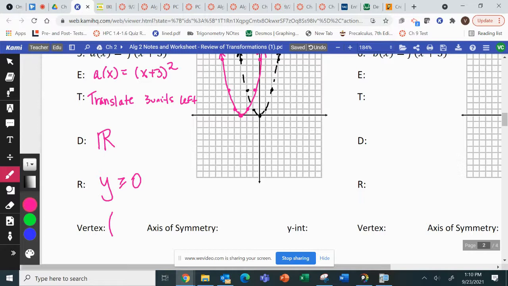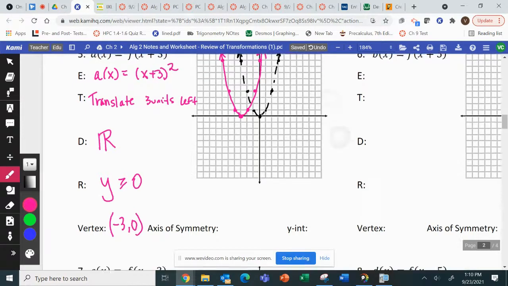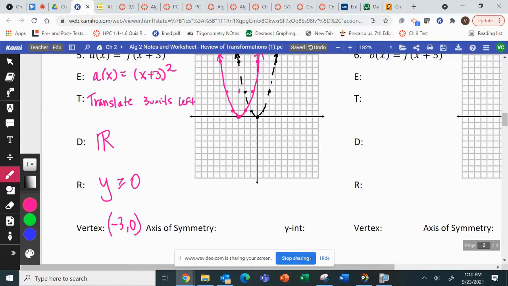Vertex, Gavin. -3, is correct. Now, a challenge. Hannah. Axis of symmetry. The axis of symmetry would be x equals -3. Very good. It's that point right in the middle. X equals -3. It passes through the vertex.